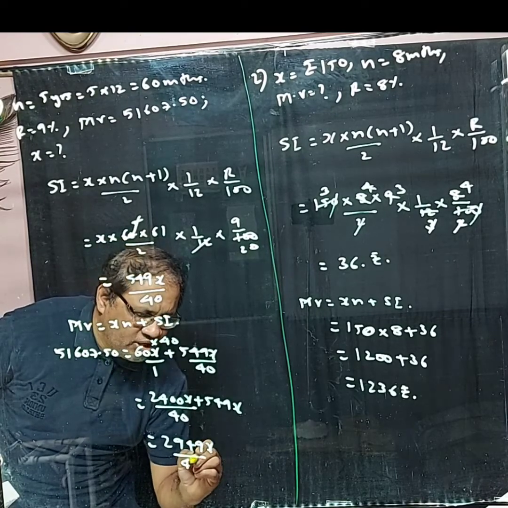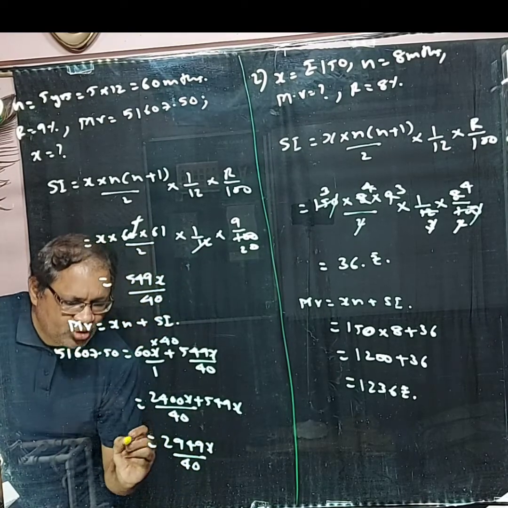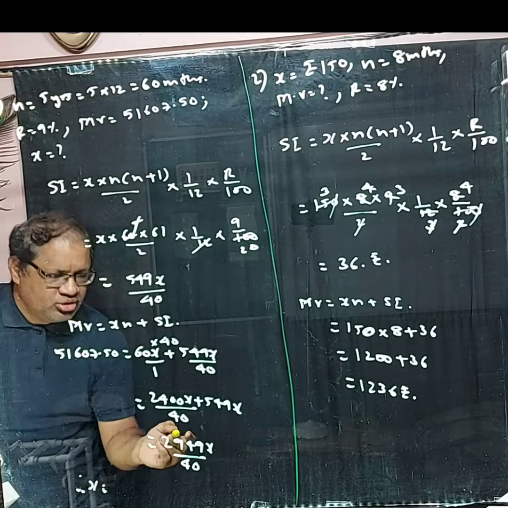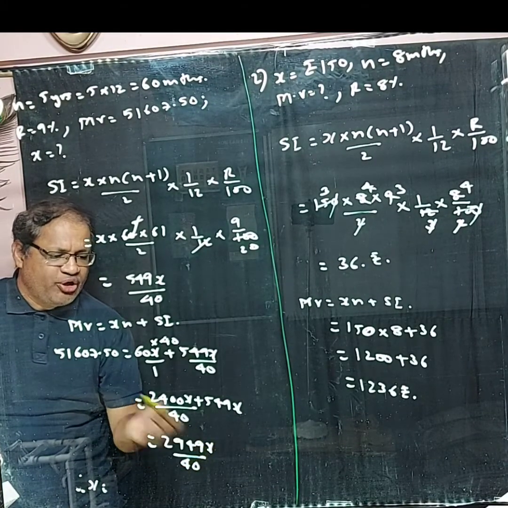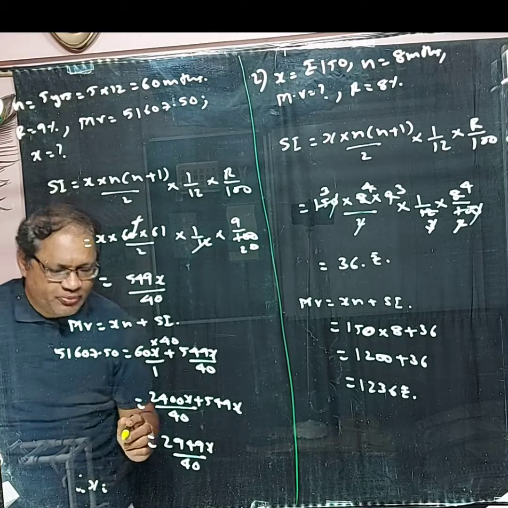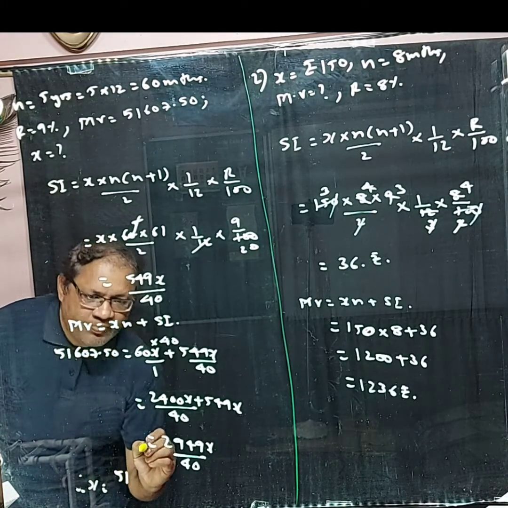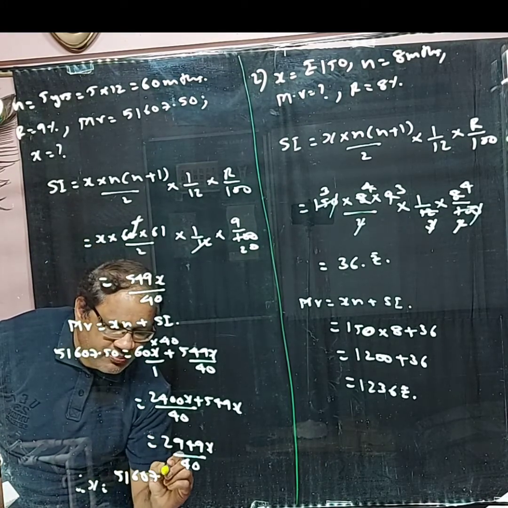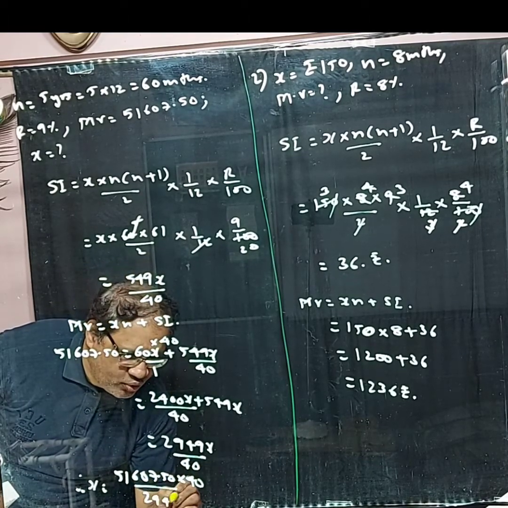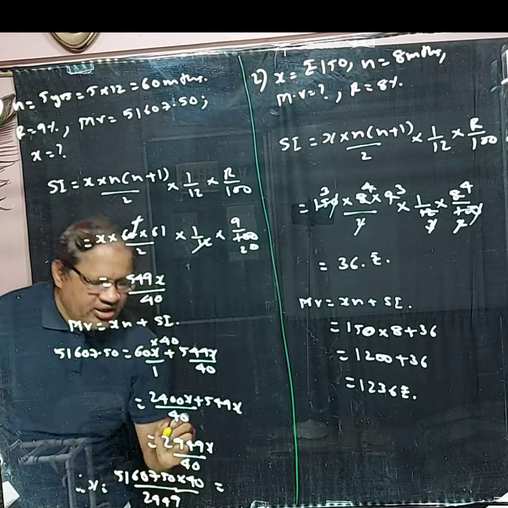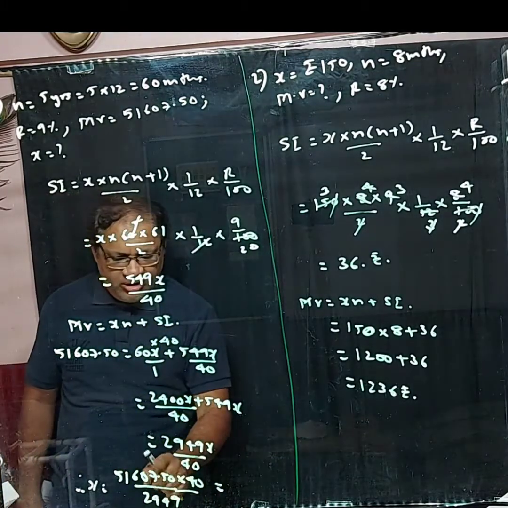So it comes to 2949X upon 40. And so therefore X is equal to, send 2949 upon 40 to the other side, so it becomes reciprocal. So 51607.50 into 40 upon 2949, and then go for cancellation.